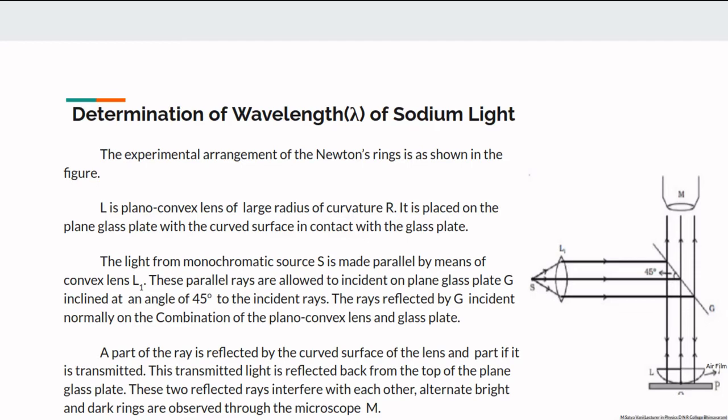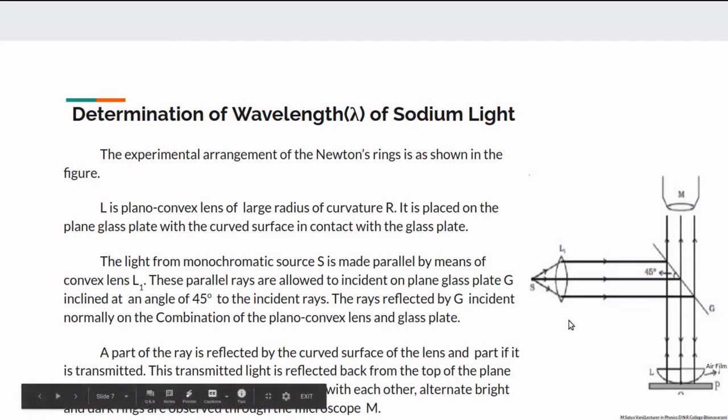The experimental arrangement for the formation of Newton's rings is as shown in the figure. This is a plano-convex lens of large radius of curvature. It is placed on a plain glass plate.